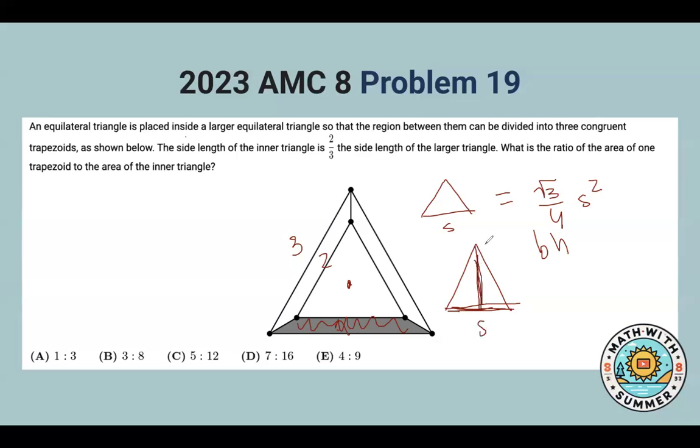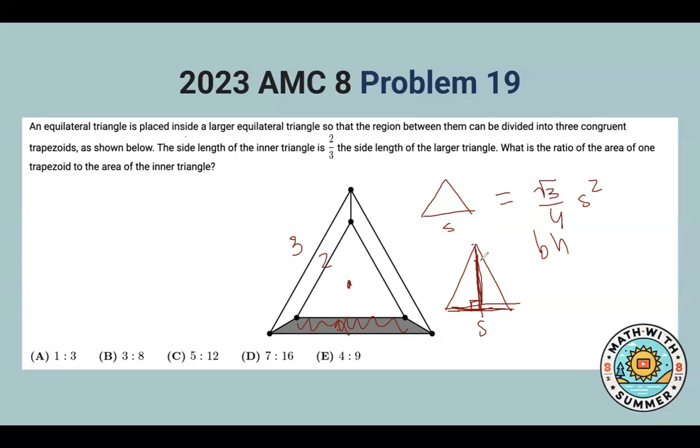And in an equilateral triangle, we know that when we cut this triangle in half, it creates this 90-degree angle, which is true for all isosceles triangles, not just equilateral triangles.